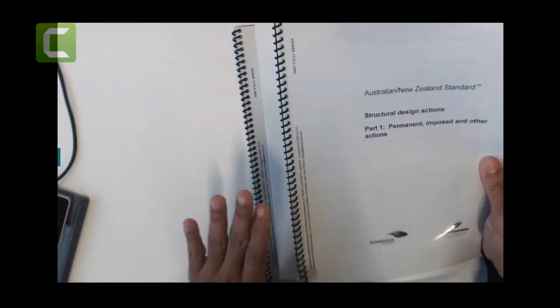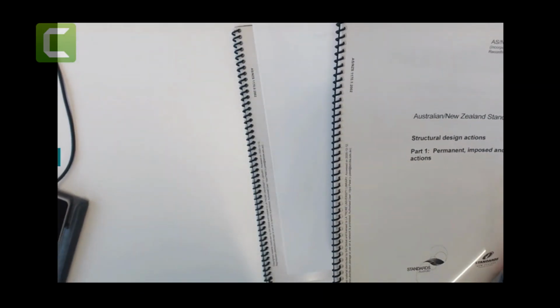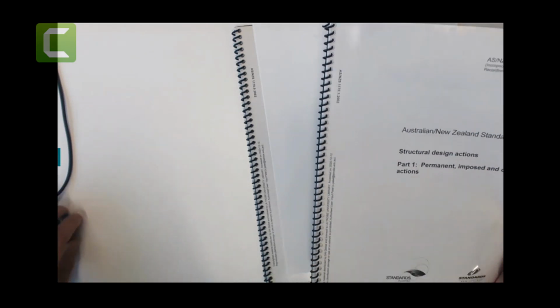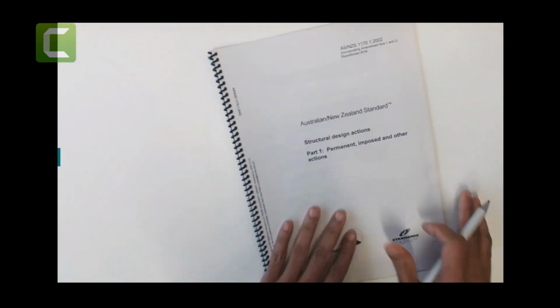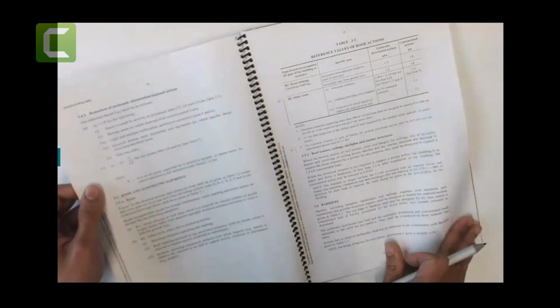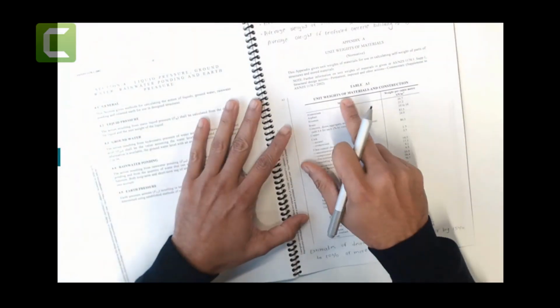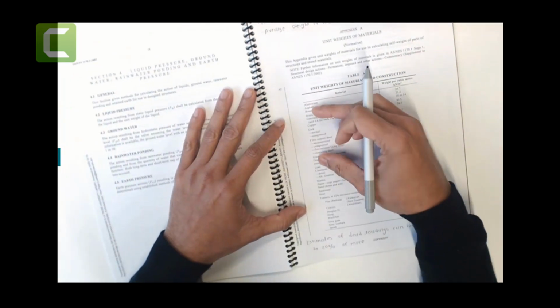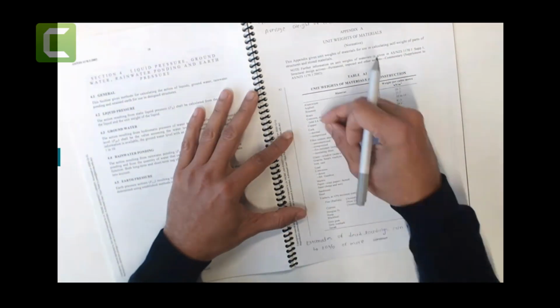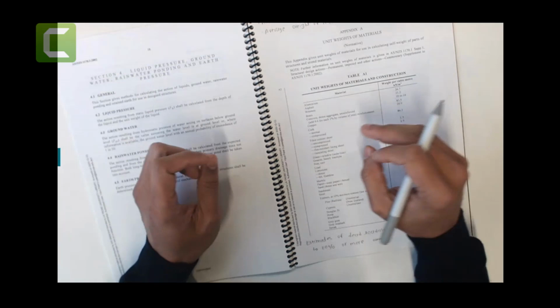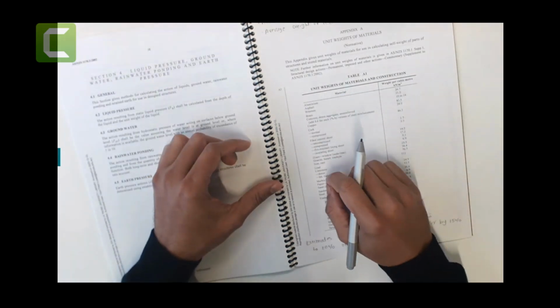As I mentioned, please keep this standard handy for your use. We're going to use 1170.1. If you open this one and go to Appendix A, unit weight of the materials, I would encourage you to scan through it in your own time and read all the materials. They are construction materials, easy to read, nothing super complicated.